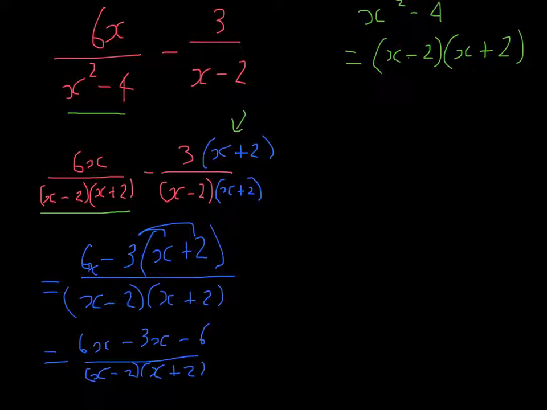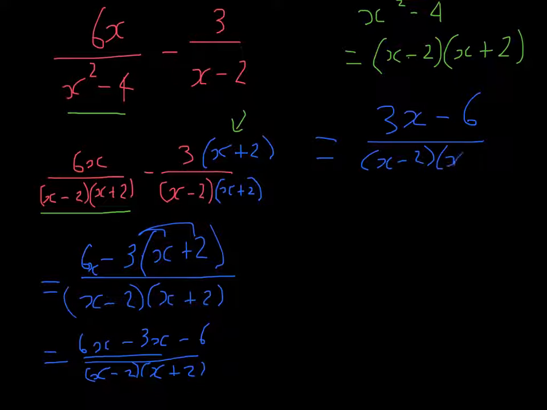The next step is then to combine the like terms. So 6x take 3x is going to be equal to 3x, and then we've got the minus 6, all over x take 2, x plus 2. Then if you look at the top line, you might notice that you're able to factorize the top expression. There is a highest common factor between these two terms of 3.